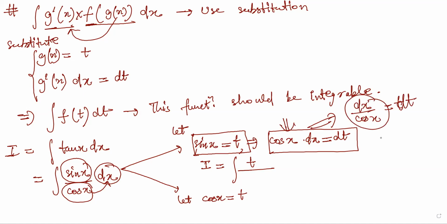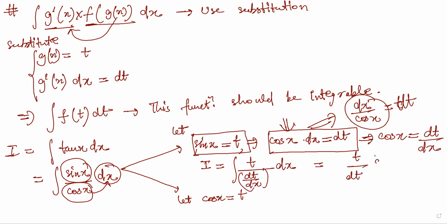But let's say I substitute cos x as dt by dx. What would it become then? Cos x would be dt by dx into dx. If I try to solve this, this would become t by (dt by dx) into dx, which is not a very sensible expression. Nobody knows the integration of dx whole square by dt.